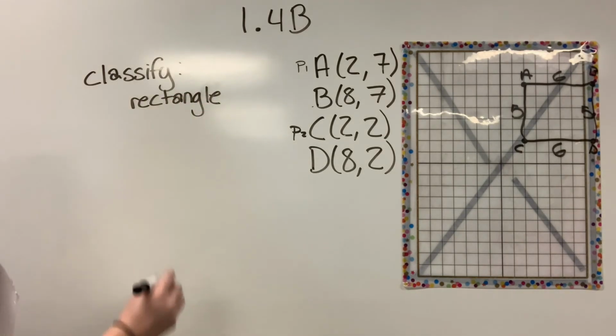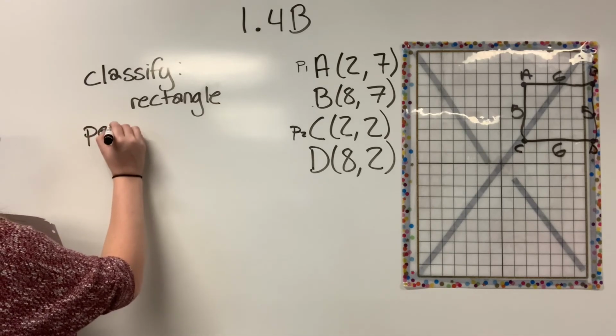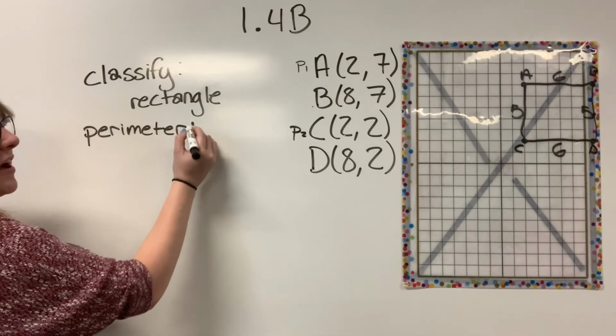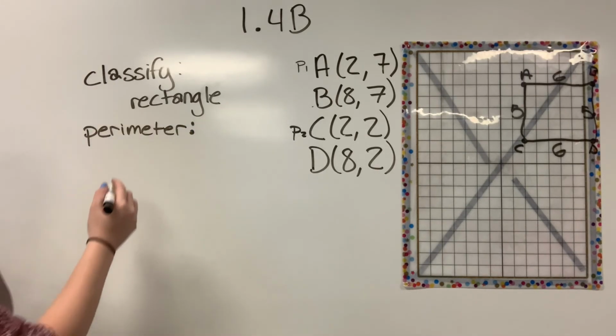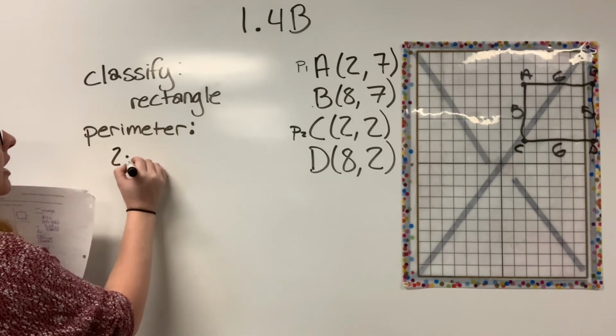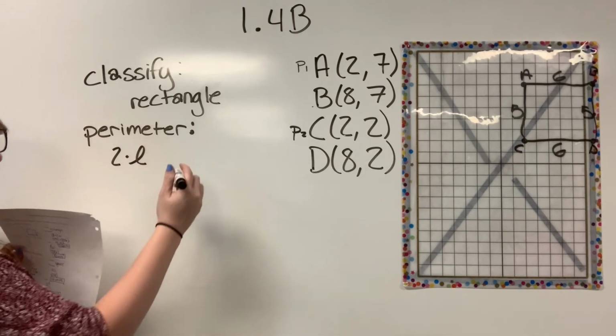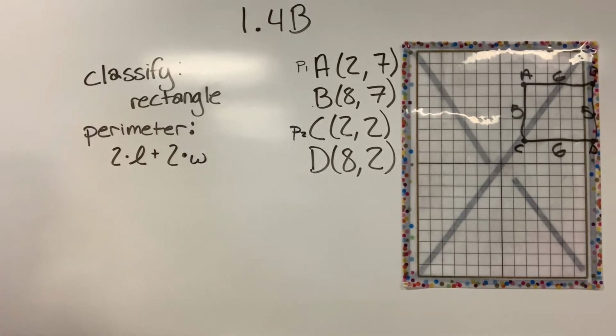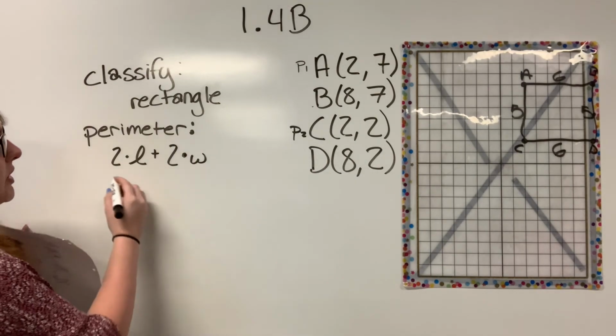Okay, now let's find the perimeter. Remember, to find the perimeter of a rectangle, we have to do 2 times the length, or the long side, plus 2 times the width, or the short side. So let's substitute in what we know.